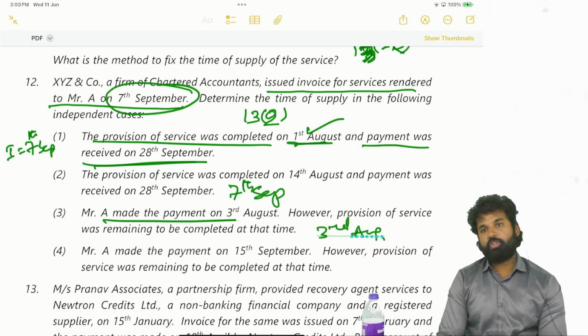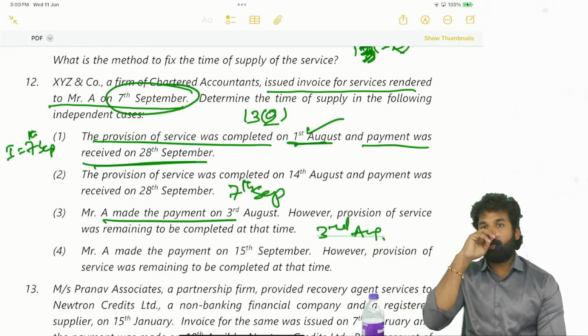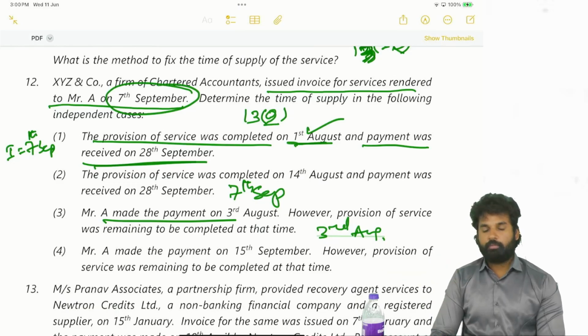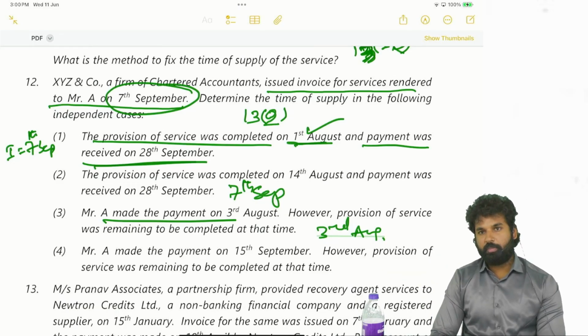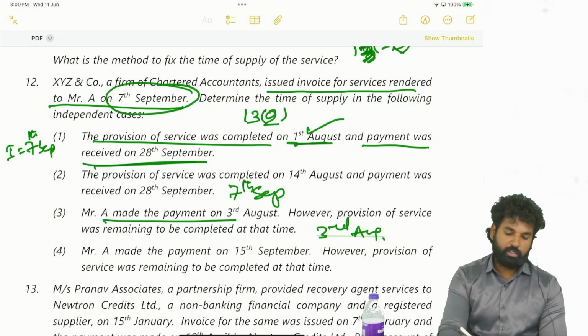Okay. Invoice issued within time? Before the completion of service, invoice issued. Correct? It can be issued, right? It can be issued at any time, but not later than 30 days from the date of provision of service. So invoice issued within time. So invoice date or payment date, whichever is earlier. So 7th September.